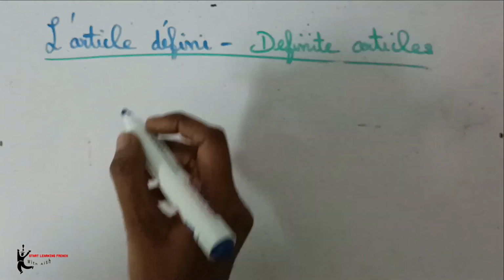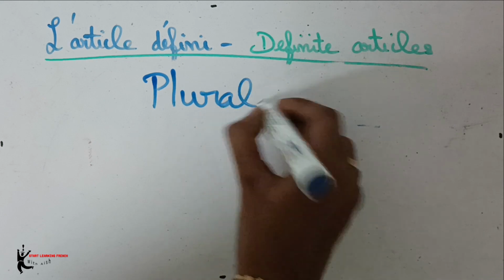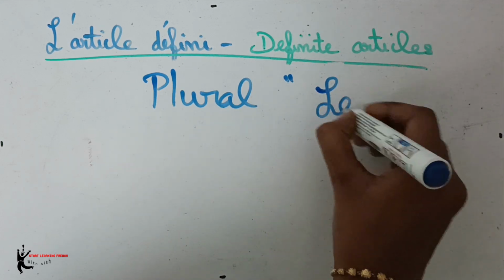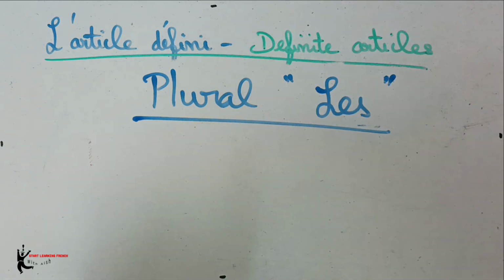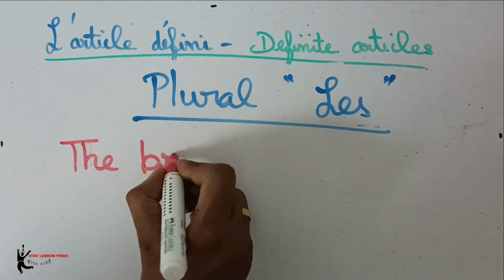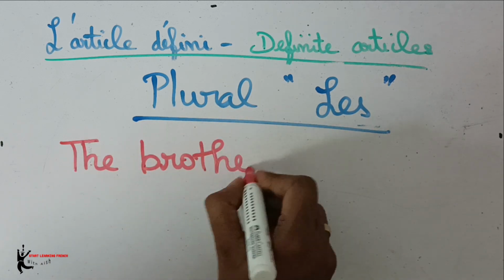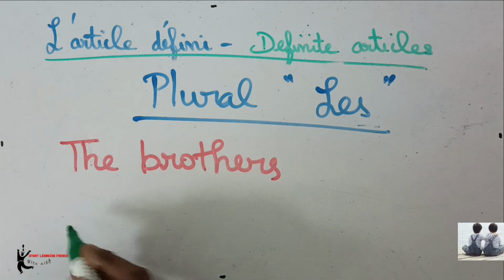Now we are going to see an example for plural. For plural, what will you use for the definite article? Les. Okay. For example, the same one, the brothers, in plural form. What did I say for brothers?